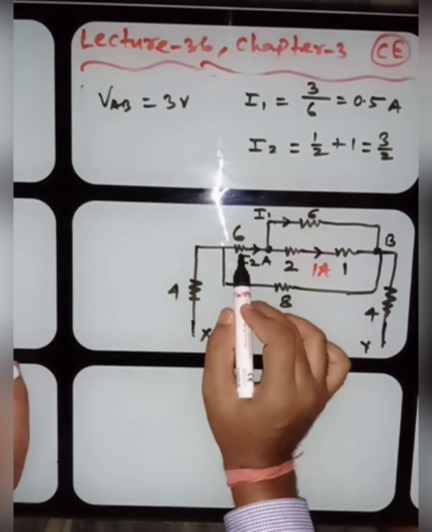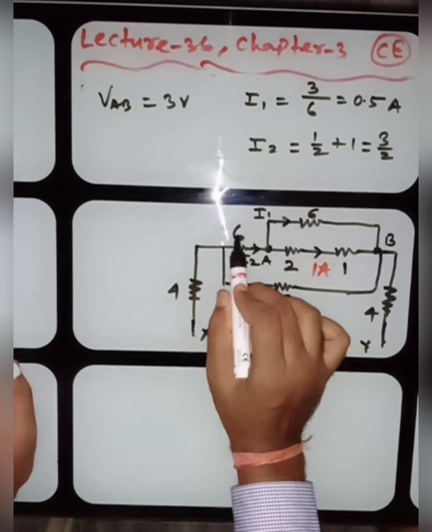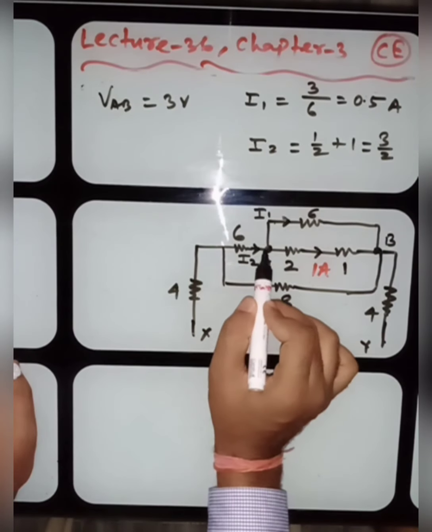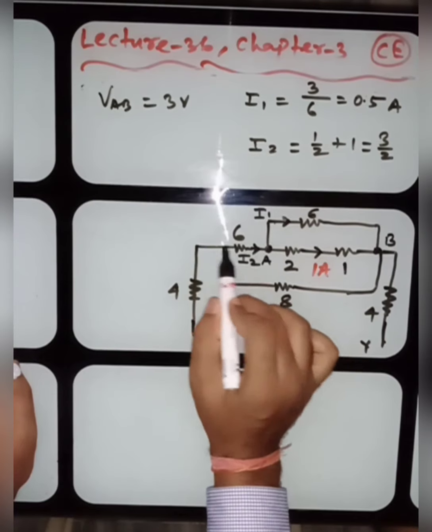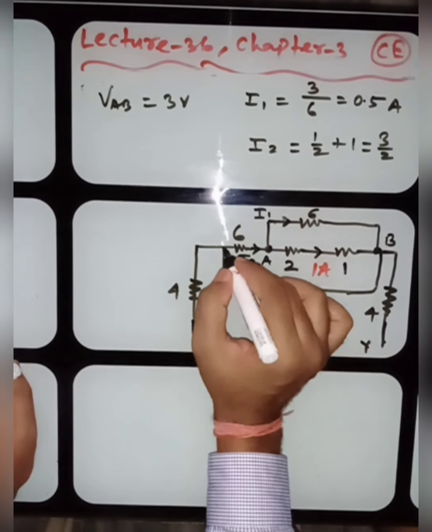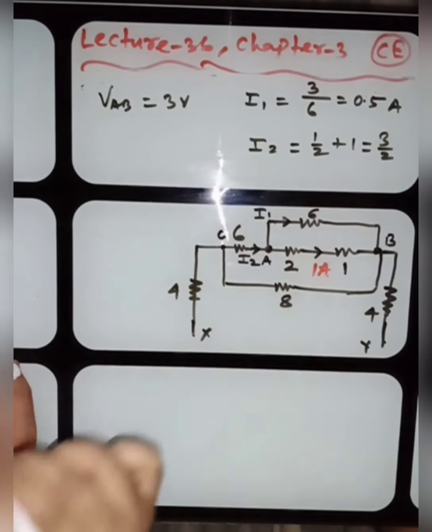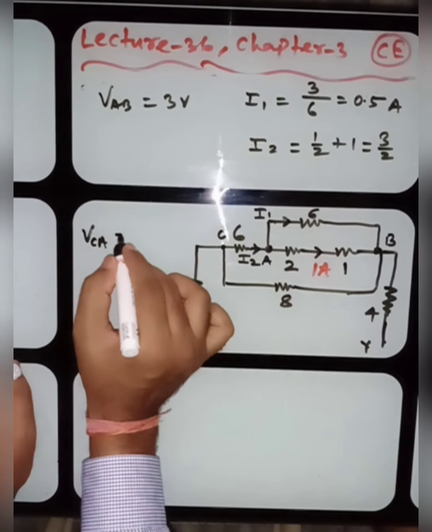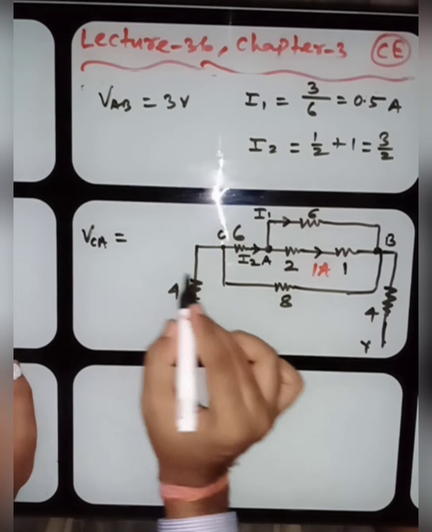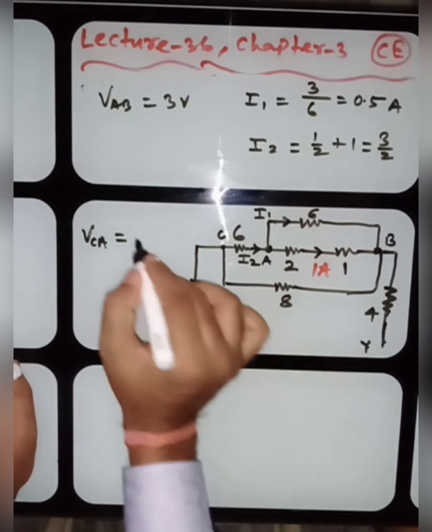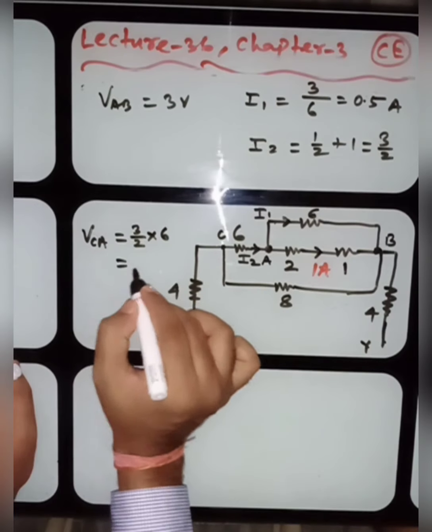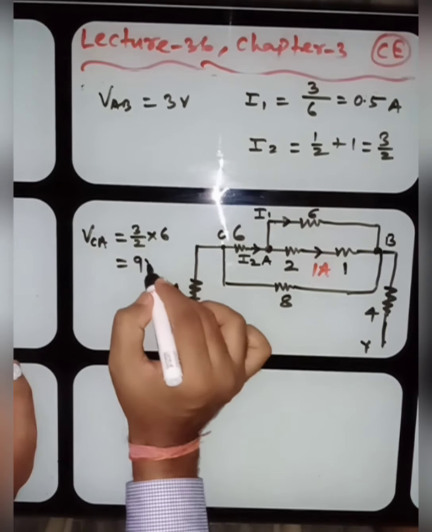If 3 by 2 ampere current is given by this one, how much voltage will drop across here? Suppose this point is C. So the voltage across AC, or CA, will be V is equal to IR. I is I2, that is 3 by 2, and R is 6. It means it is 9 volt.